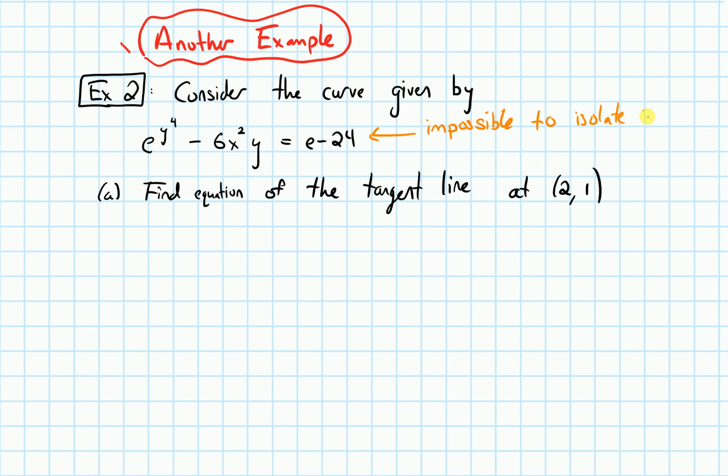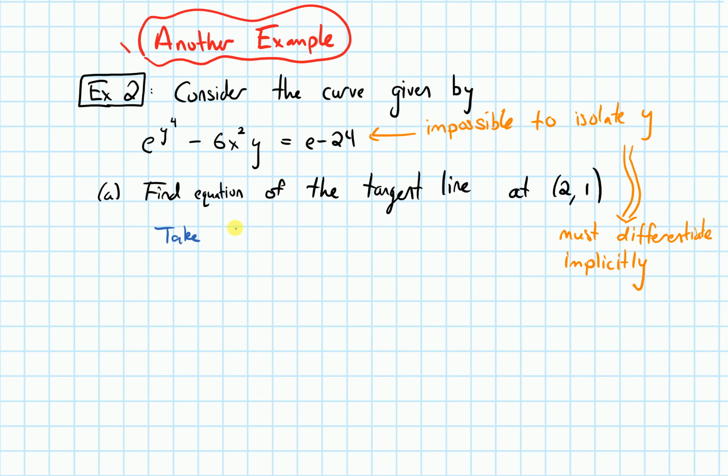And because of that, we must differentiate implicitly. Okay. So we begin that by taking the derivative of both sides.